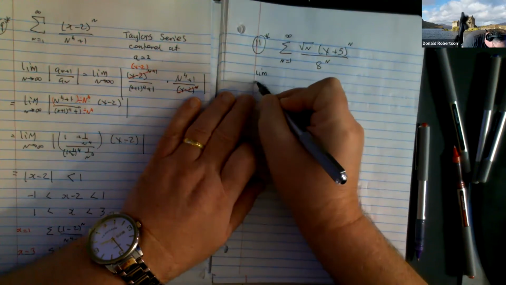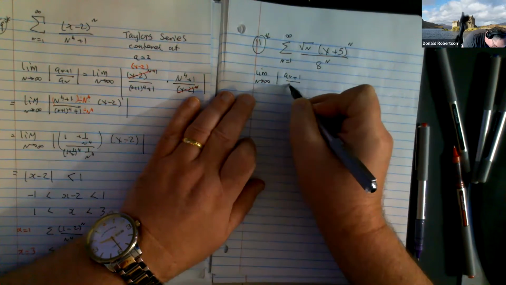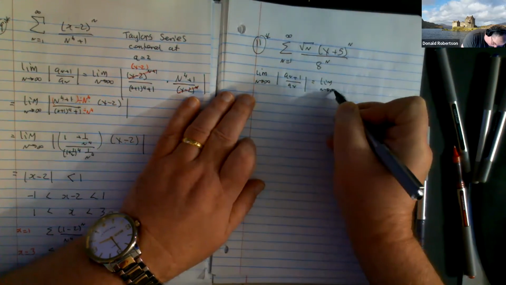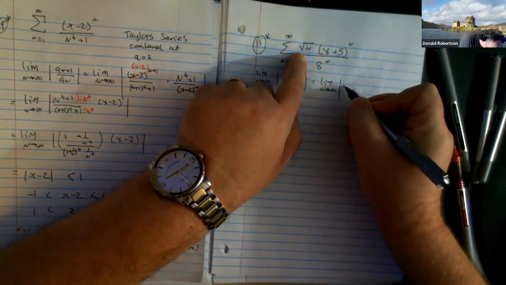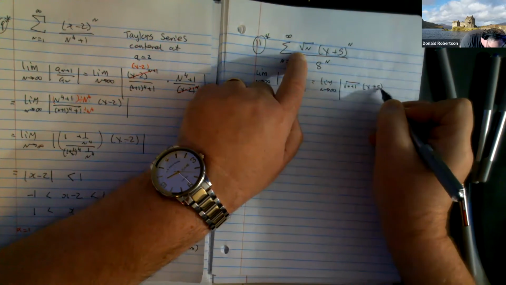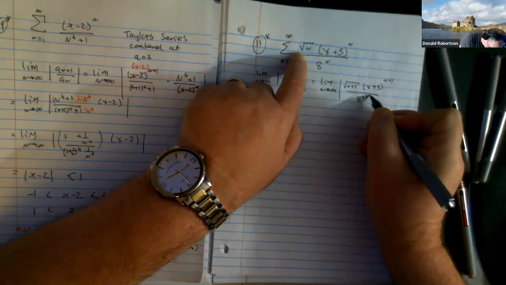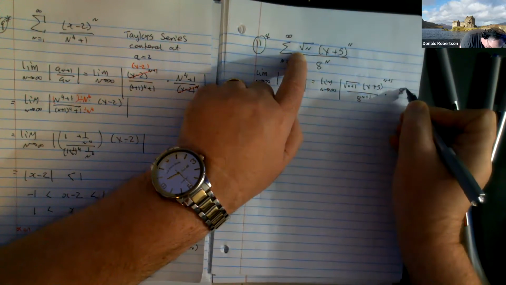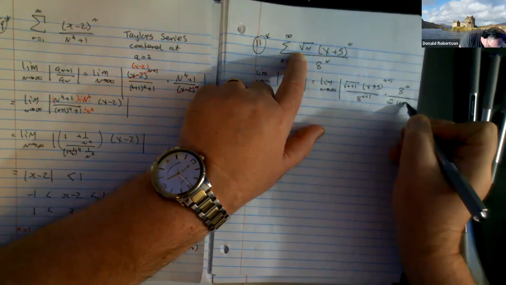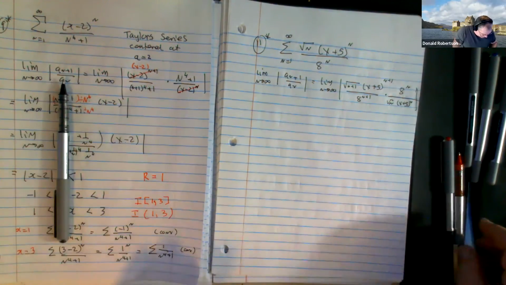It's going to be the limit as n tends to infinity, the ratio test. So I'm going to get the square root of n plus 1, x plus 5 to the power of n plus 1, all over 8 to the n plus 1. And then I turn it upside down. And I get that. Okay.